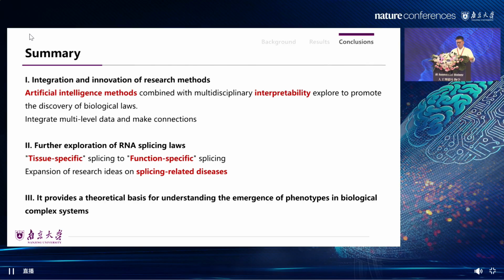Looking forward, this suggests a deeper layer of information is encoded in our genome, a splicing code. We believe that by continuing to combine deep learning and biology, we can decipher more of this hidden language of life.